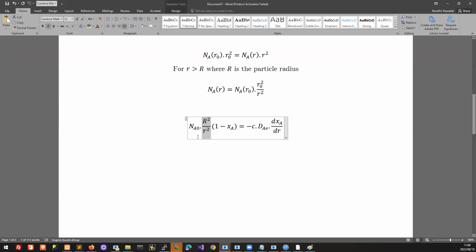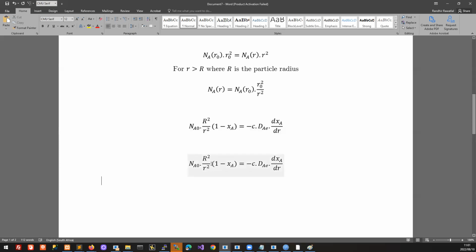And then if we look at everything else here, these we said are constants. So XA and R are the only two variables, right? NA naught we said is constant. So what we can do now is separate the variables. And this time R we have to account for.